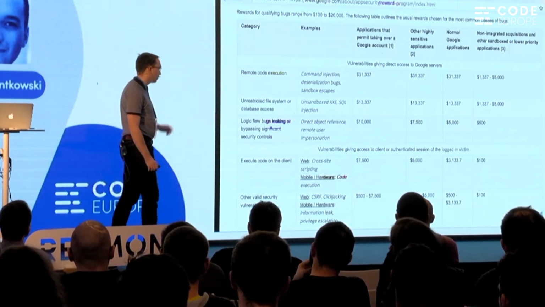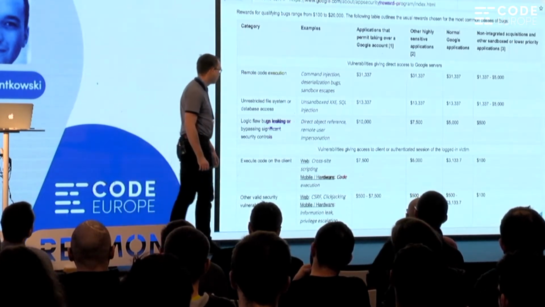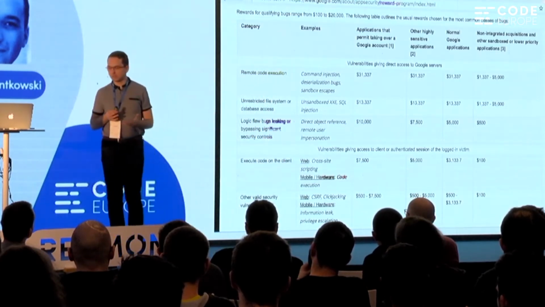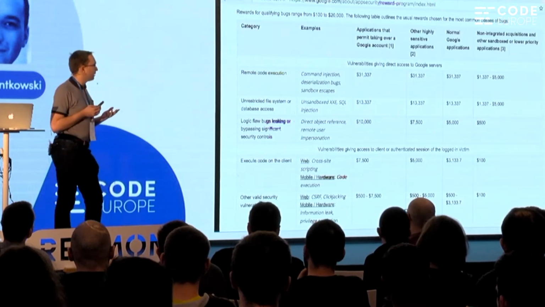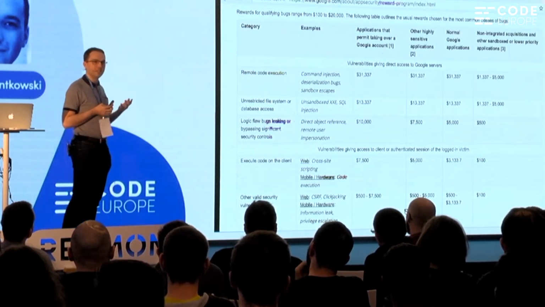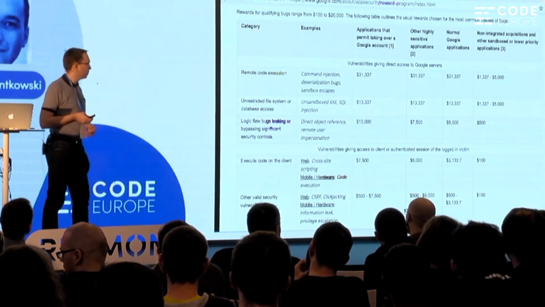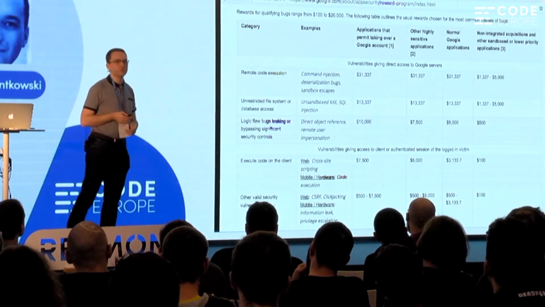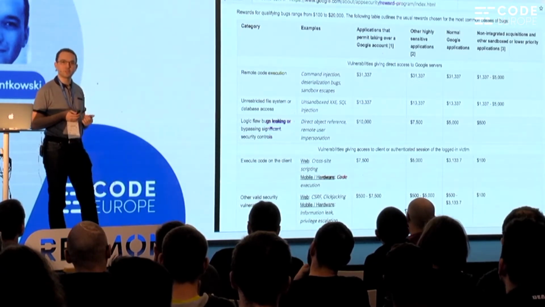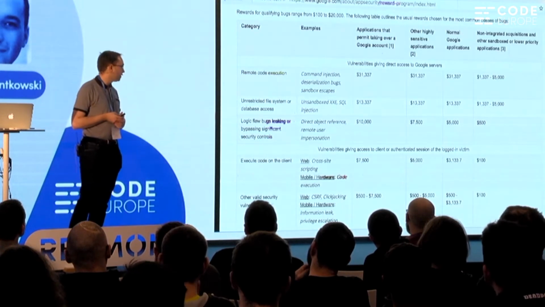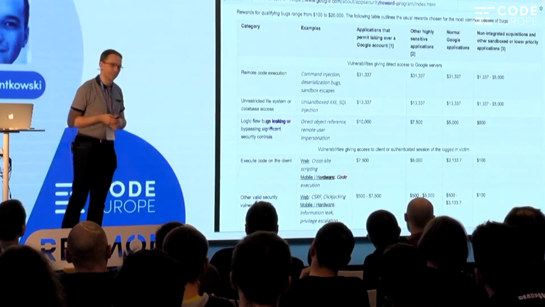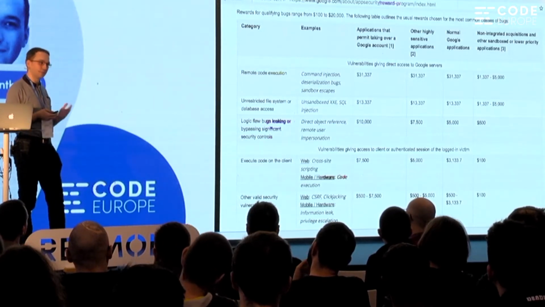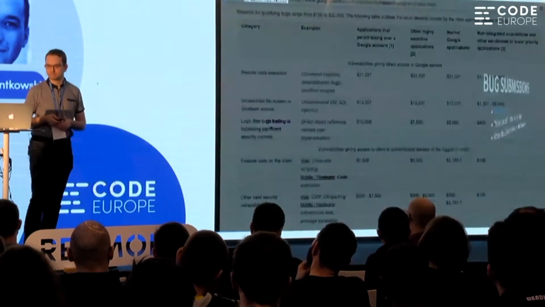So for example, because I will speak mostly about this kind of issues, a cross-site scripting issue in a normal Google application, which is a Google application that does not process any sensitive data like translate.google.com or plus.google.com, you will get $3,000. For example, in accounts.google.com, which is the most important domain of Google, you will get at least $7,000 for an XSS, which is, I think, quite a good amount compared to other bug bounty programs.